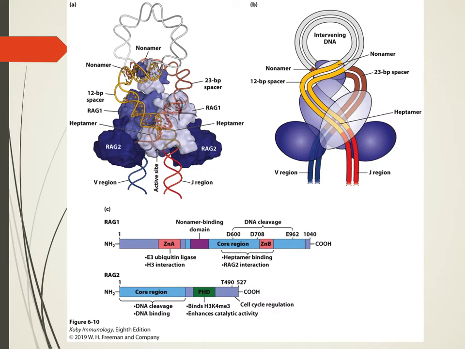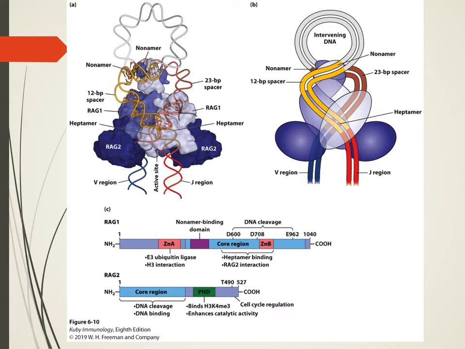So you can see in this figure how in that light gray color, that is your RAG1. So RAG1 is going to recognize where we have our 23 base pair spacer, and then with our RAG2 complexing with it, that's going to allow for that 12 base pair spacer to be anchored also.